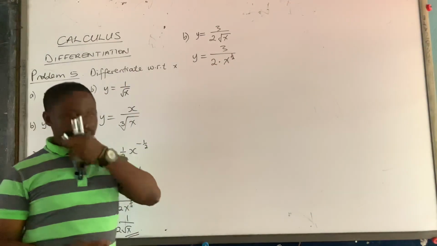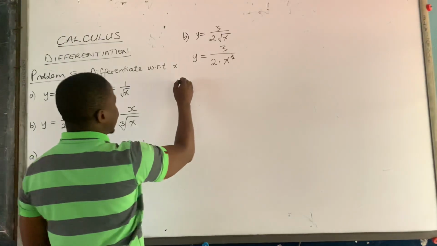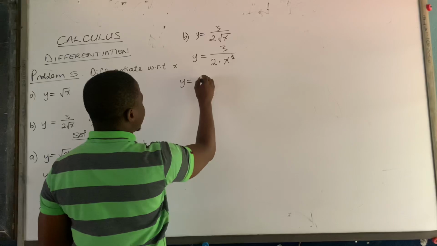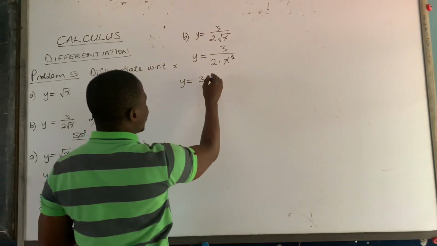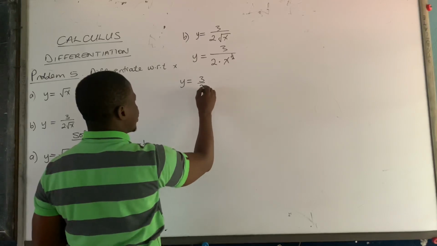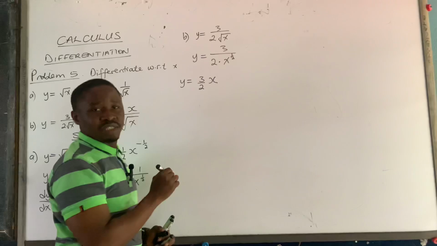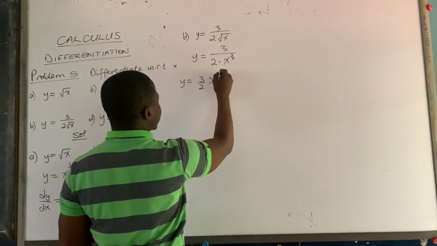So having done this, let us move the x to the numerator. So we say y is equal to 3. If this one goes up, we have what? We can say 3 over 2. So x goes up with the sign changing. So this is positive and it becomes minus.